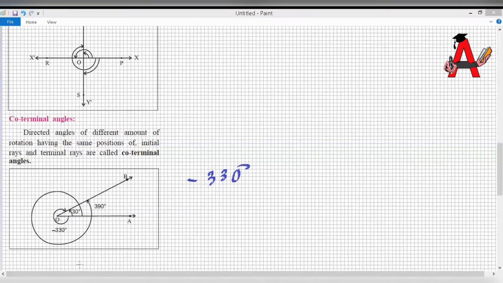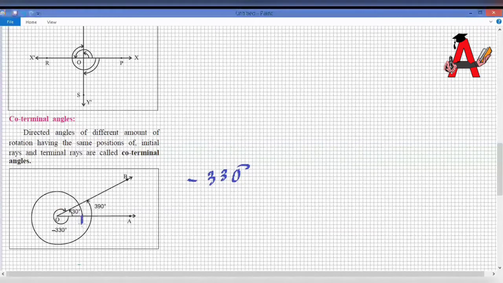Remember this: this entire portion is 360, but I am not completing the entire thing. I am only doing this much. So from 360, I have removed 30. This angle is 330 degrees, but in the opposite direction, that is in the clockwise direction. That is why it is called minus 330, which means minus 330, 30, 390, 750, all these are coterminal angles.